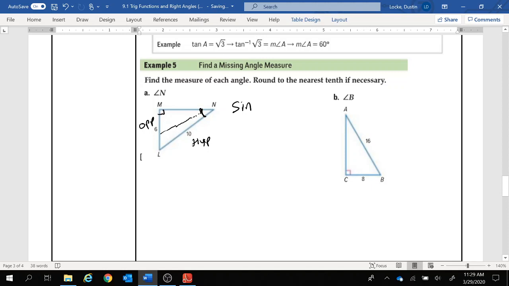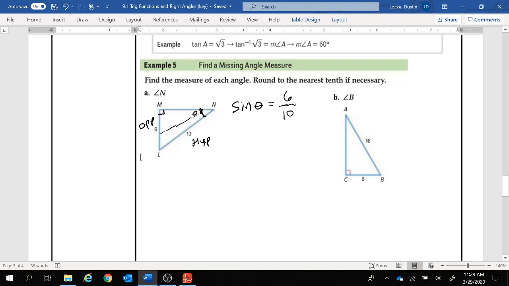Now, the way I'm going to write this is I'm going to start off with sine theta, so maybe I should have labeled theta right here. Sine theta equals 6/10. Now, unlike the last few examples, where we had to solve for a missing variable by multiplying something over or dividing a trig function over, now what we need to do is use the inverse trig function.